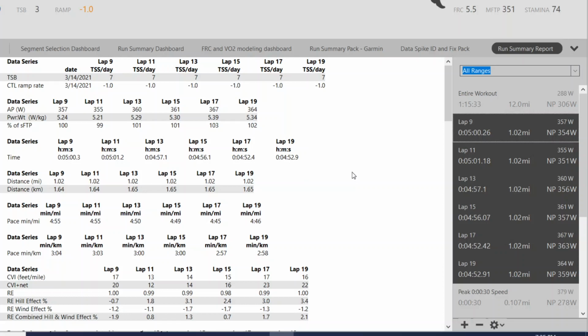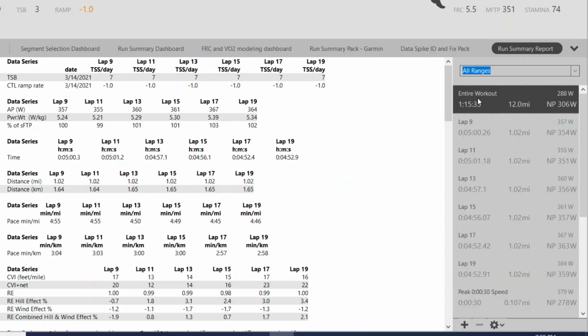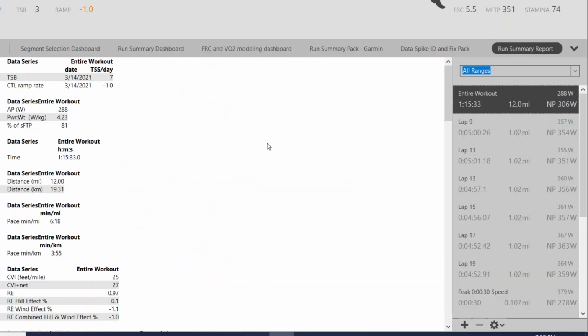It's a very complete set of metrics that can be used as I've demonstrated for analyzing individual segments or entire workouts, depending on what you're selecting in the right hand Explorer. But that's where I do a lot of my work. In fact, I would say 90% of my analysis is here.